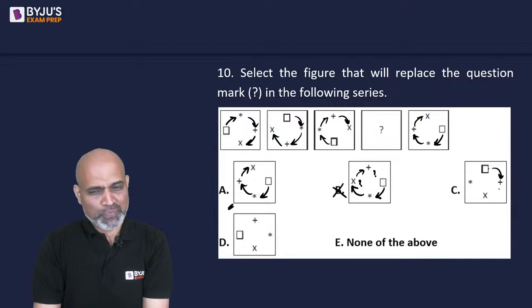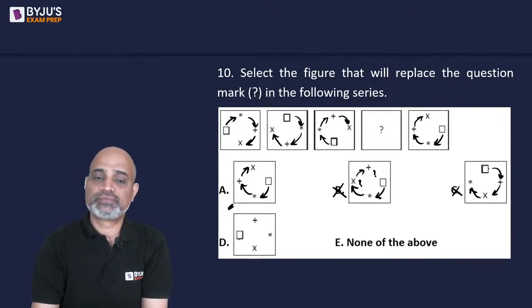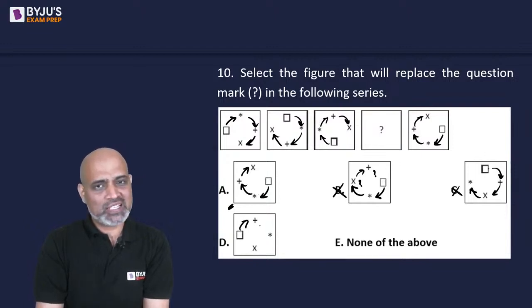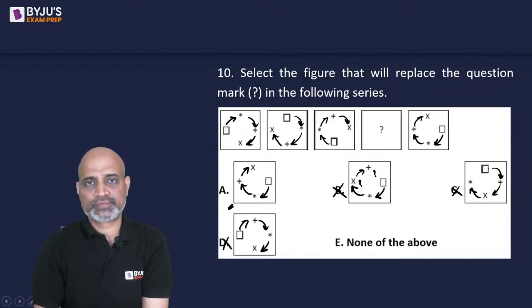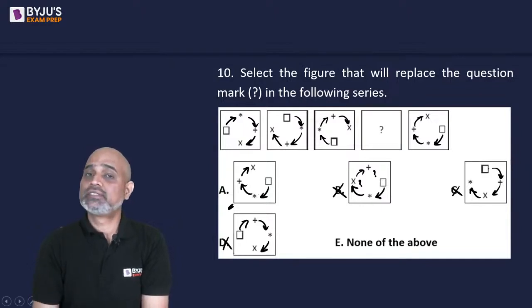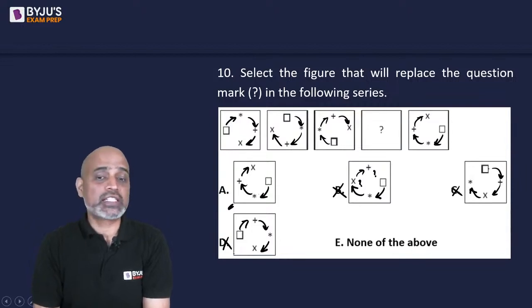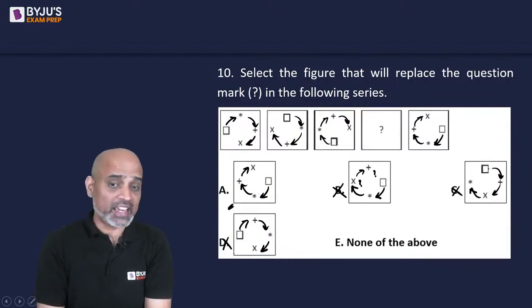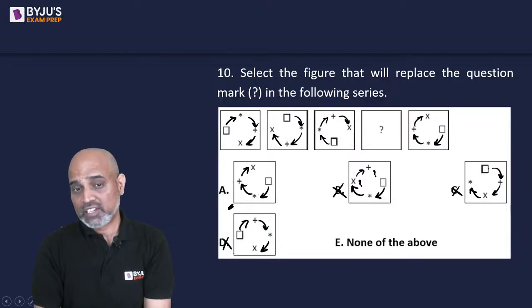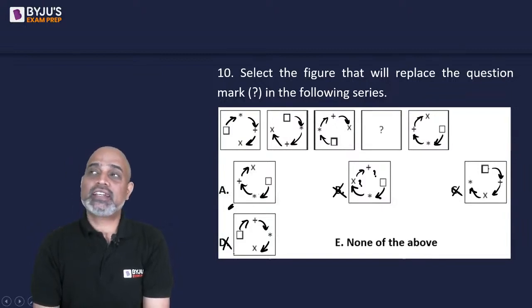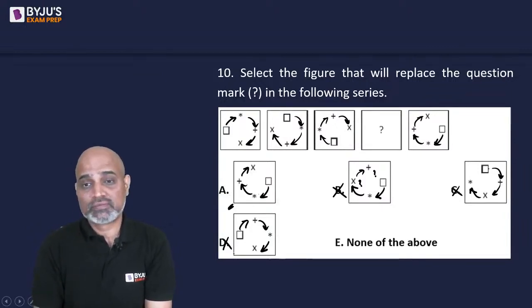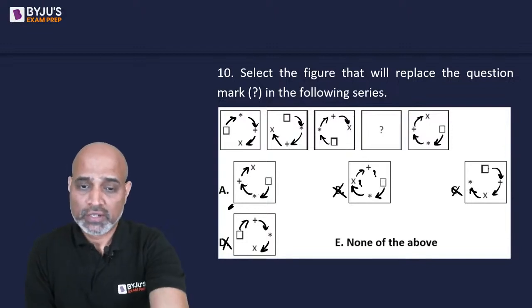Square plus multiplication, asterisk, sequence breaks. Square plus asterisk multiplication, sequence breaks. Right? सबसे पहले चीज तो ये हो गई कि sequence break कर रहा है. So the answer is either A or the answer is E. Now, question arises, which one is the answer?